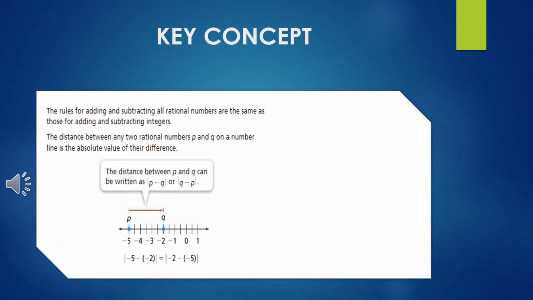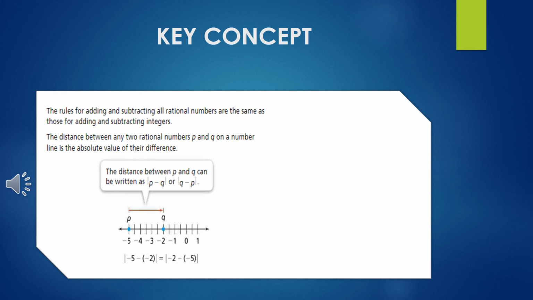Remember that we can use the absolute value to find the distance between 2 points on the number line, and the distance between P and Q can be written as the absolute value of P minus Q, or the absolute value of Q minus P. In this case, P is -5 and Q is -2, and I only have to put the negative or positive signs on each number, but the distance is always going to be the same.